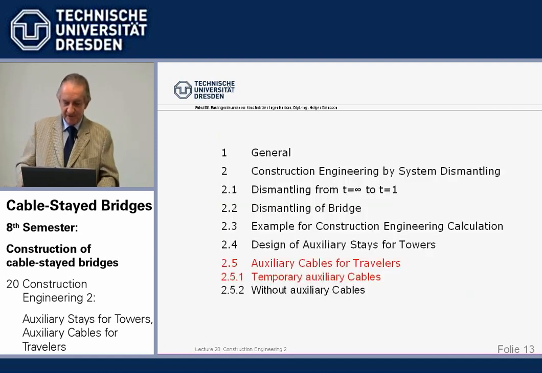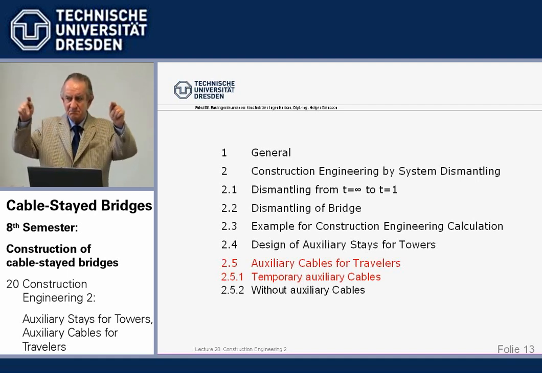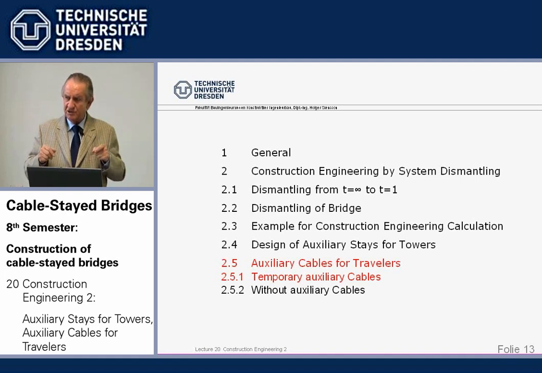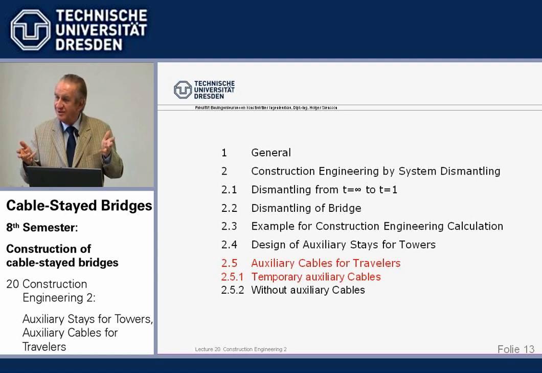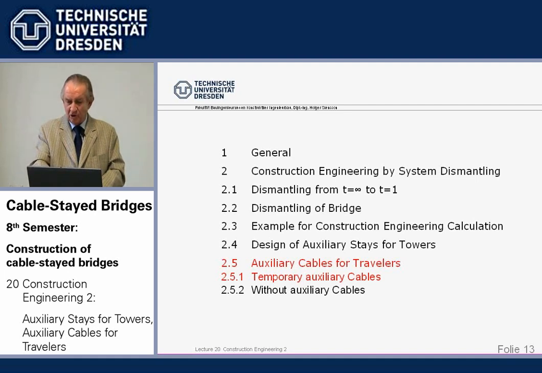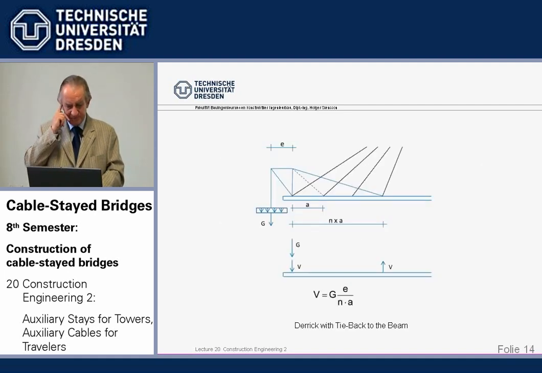Now, the travelers at the tip of the cantilever may need some additional help, or the beam needs help. And so the traveler with a weight may have to be tied back somehow. Also, there are various possibilities.